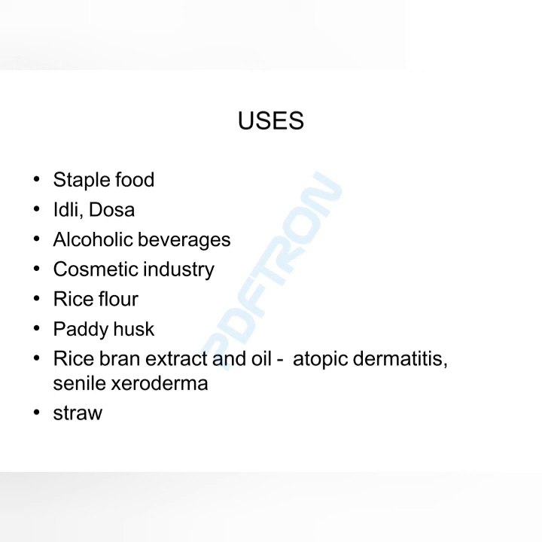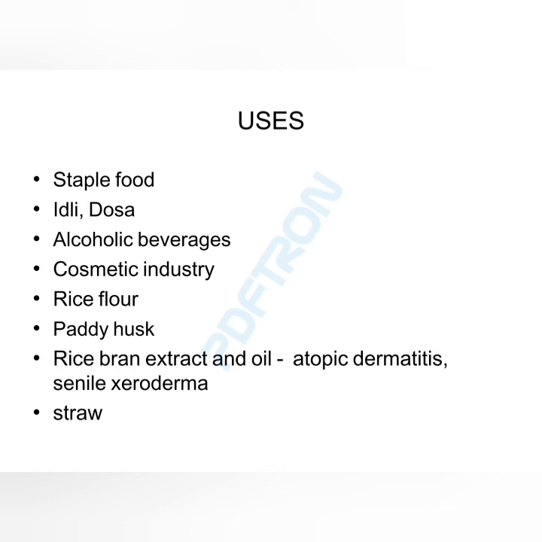And also another very important use is that the rice bran extract and also the oil extract are used in bath preparations for the treatment of skin diseases. Derma meaning skin, so atopic dermatitis and senile xeroderma are types of skin diseases.